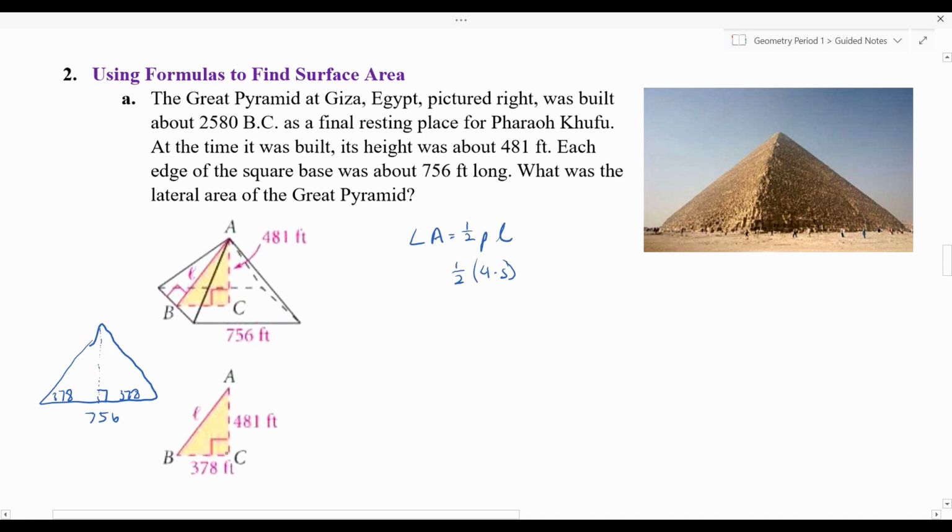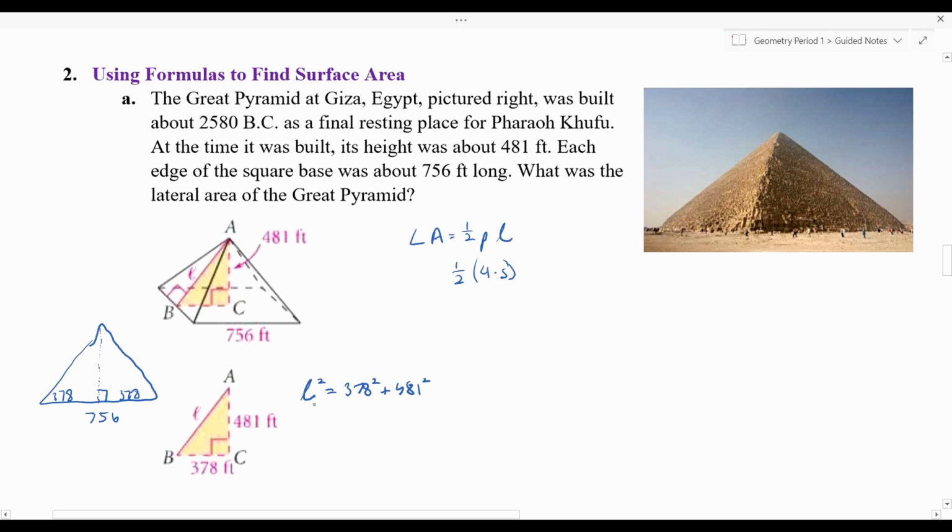Now we're dealing with a right triangle, so we can use the Pythagorean theorem. Since I'm going to be using L, we can say that L squared equals 378 squared plus 481 squared.